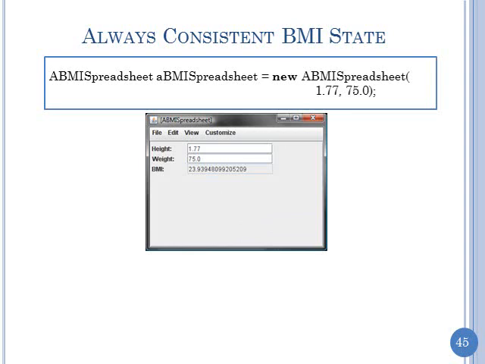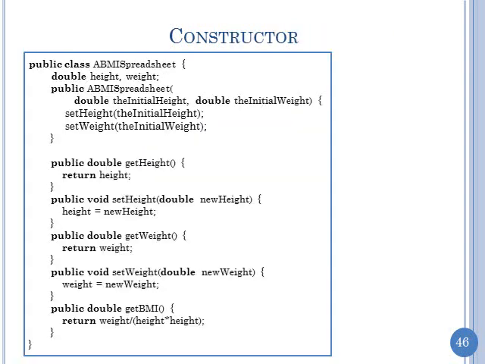So somehow when we say new class name, some method is being called, and these parameters are being passed to that method. And that's your constructor. And we don't know what the BMI spreadsheet is doing with these parameters, but whatever it's doing, make sure that you get initially this height, weight, and BMI. So let's see what it's doing.